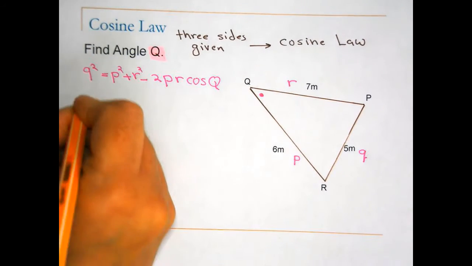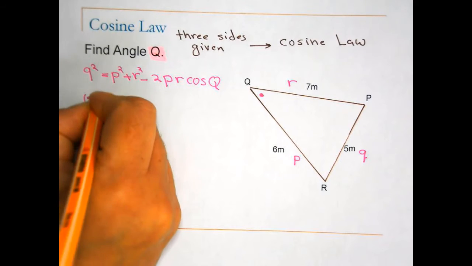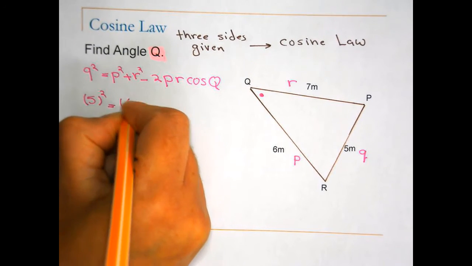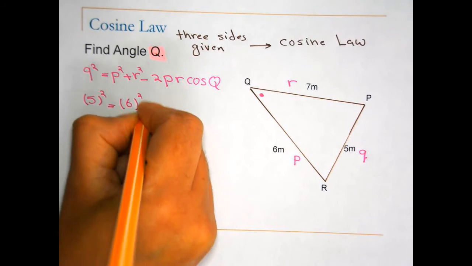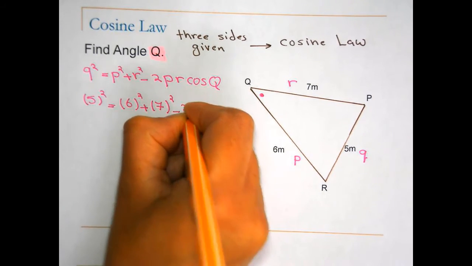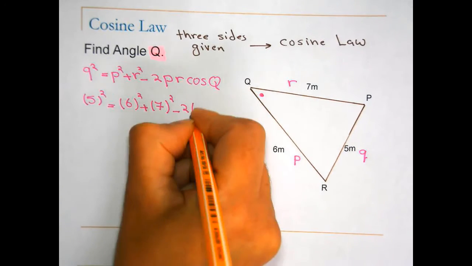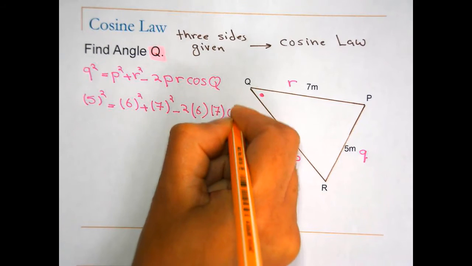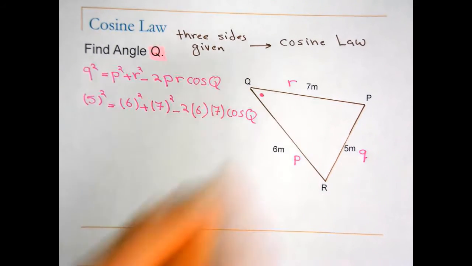So Q is 5. So 5 squared equals 6 squared plus 7 squared minus 2 times 6 times 7 cosine Q.